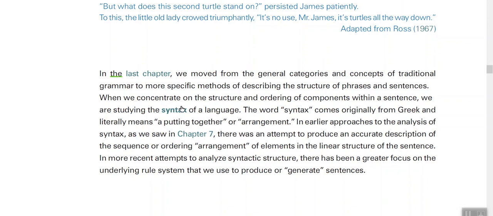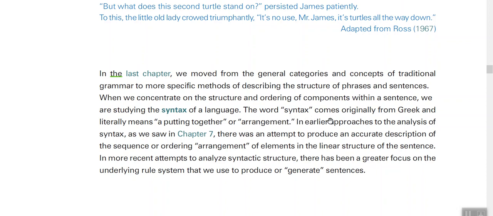Syntax means when we focus on the structure and ordering of components within a sentence. In other words, when certain words are arranged, organized, put together to form sentences.